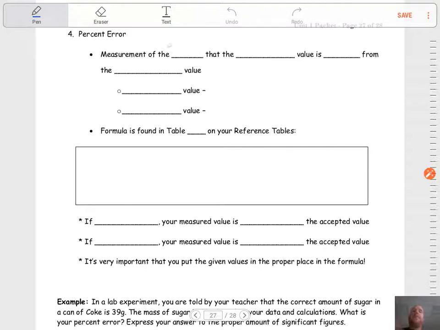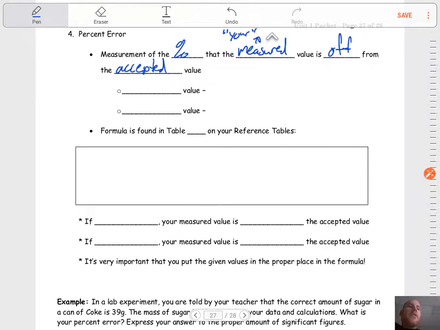Okay? So percent error, guys, it's the measurement of the percent that the measured value is off from the accepted value. Now, this term measured could also mean your value because you measured it.